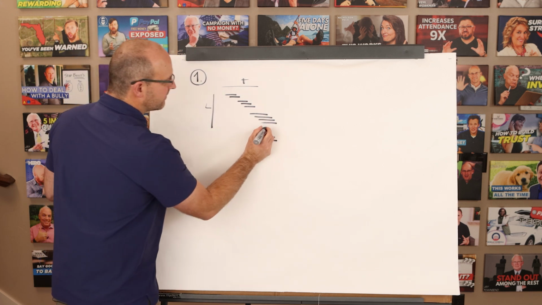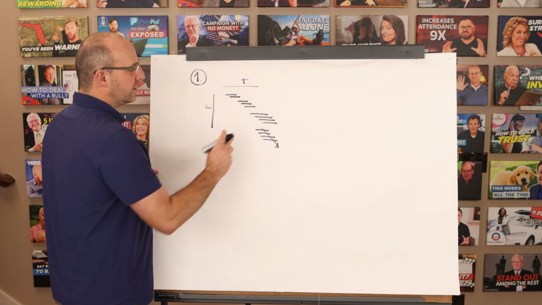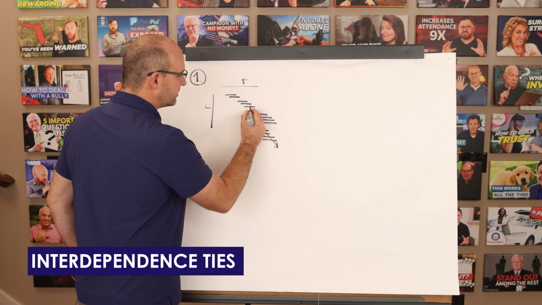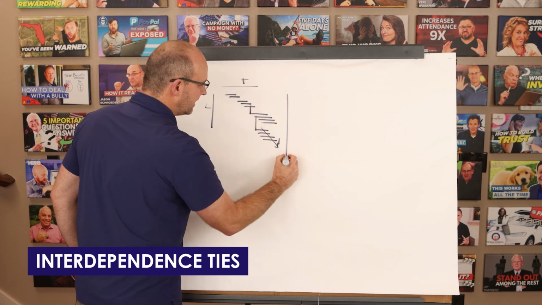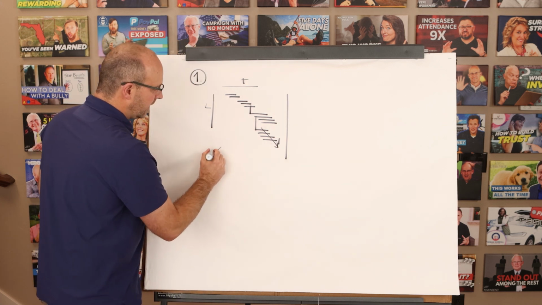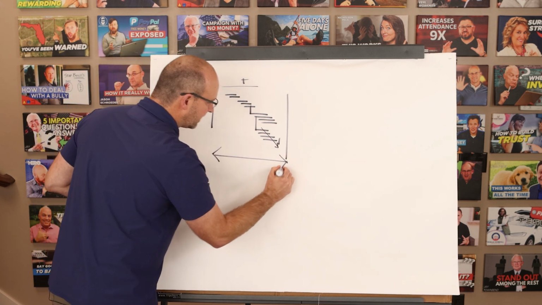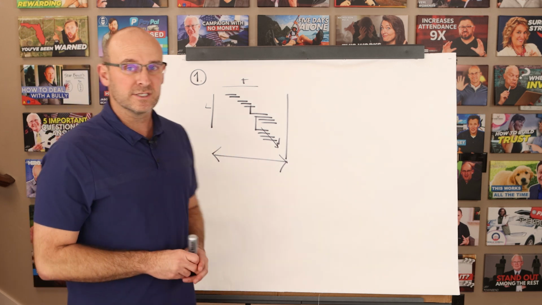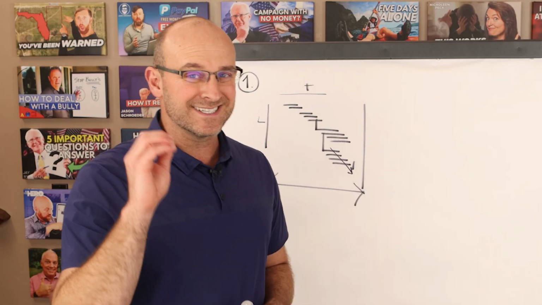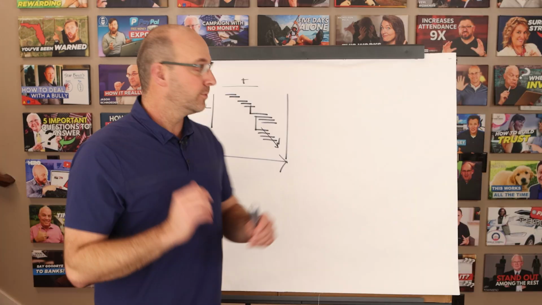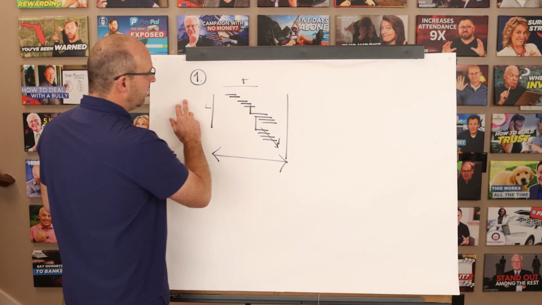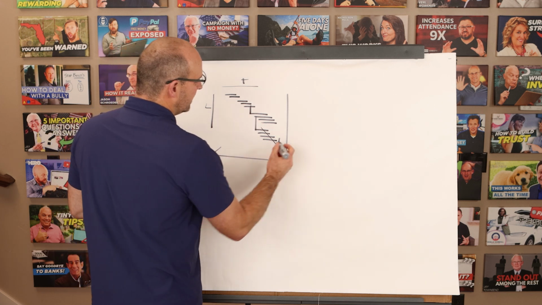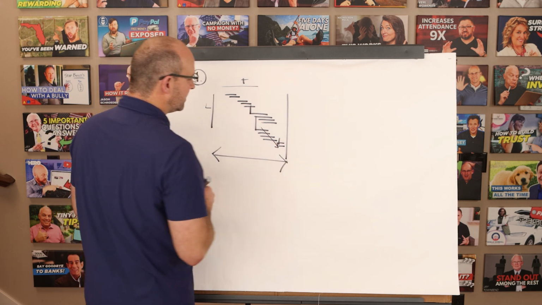And because we have diagonal trade flow, because we have good sequences, and because we have good what we call interdependence ties that take us to the project end date, we are able to find out what the overall total project duration should be on this macro level takt plan. This is essentially an A3 for production planning. So you can see, going from foundations to superstructure to interiors to exterior, all the way down here to commissioning.